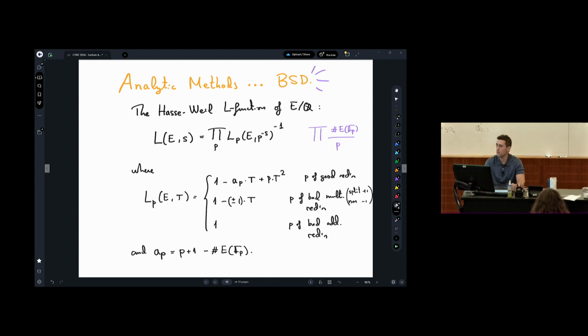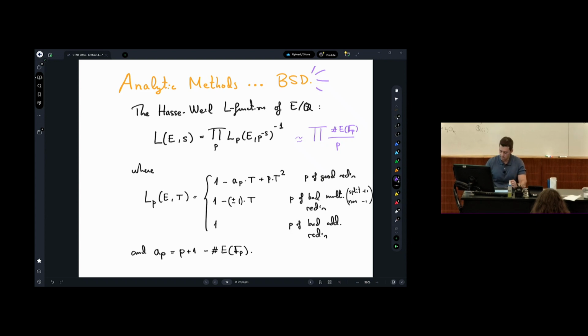So I'm going to put a p. And then you can check that if you replace ap by this formula, when s equals 1, it becomes sort of this product, which is what Birch and Swinnerton-Dyer were looking at to try to estimate how rank affects the totality of the number of points over Fp.